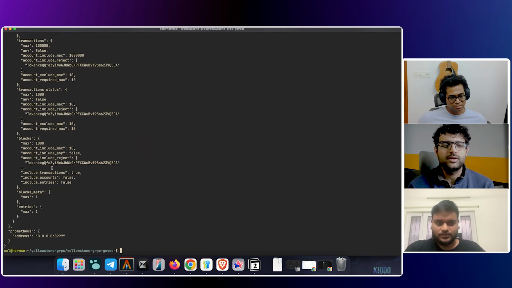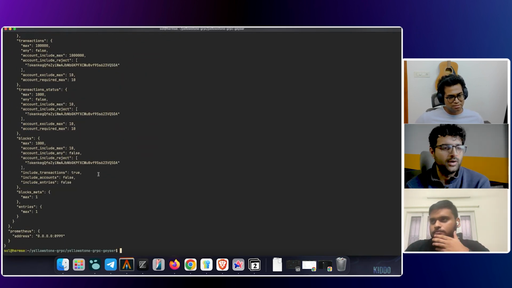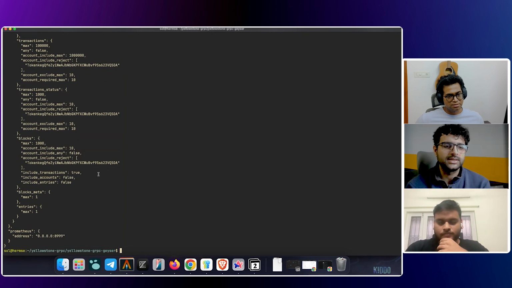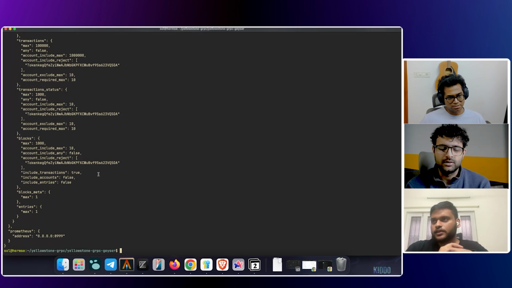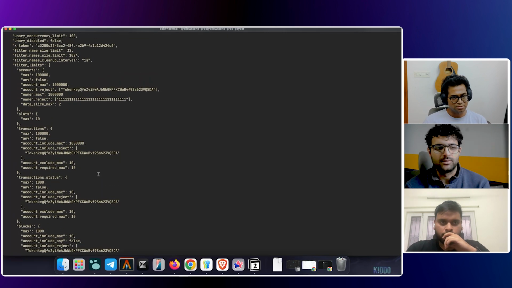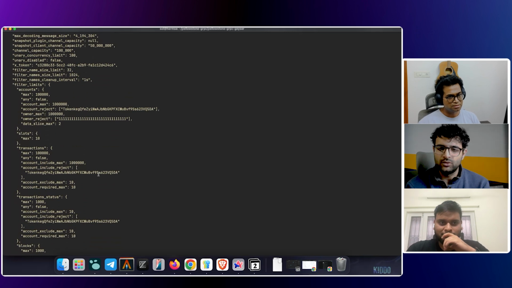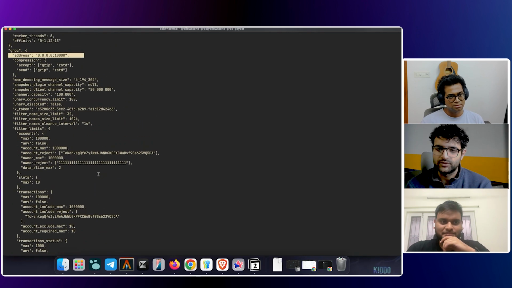Where do you specify the addresses you're interested in? That is outside, it's client-side code you subscribe by. Oh, okay. So the Geyser plugin runs here, and you have some client that connects to it. Super interesting. And then in that client, you write the code to dump data to Postgres or wherever you want to send it.